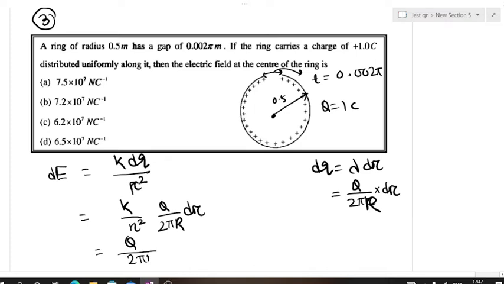This will be 1 by r square, the electric field due to the ring. It will be the full r, k by r square. Only dq changes and all other things are constant. That's why the electric field changes due to dq. Okay, so integration of dr.